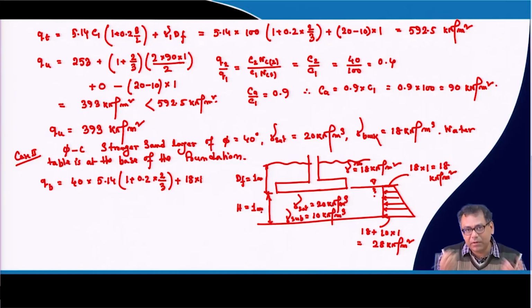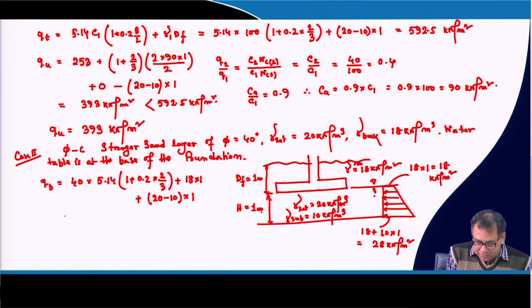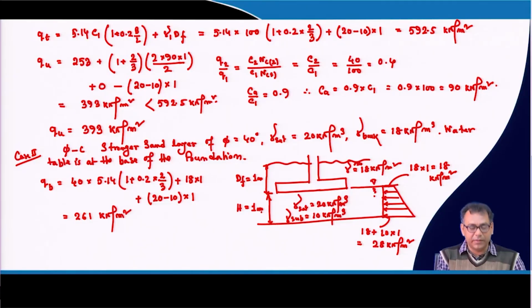Gamma bulk means above the water table, and then the saturated one, that is submerged, 20 minus 10 into 1. Okay. So, that will give you 261 kilonewton per meter square. So, I have calculated the QB part, and I have also shown how I will calculate the passive pressure resistance part.